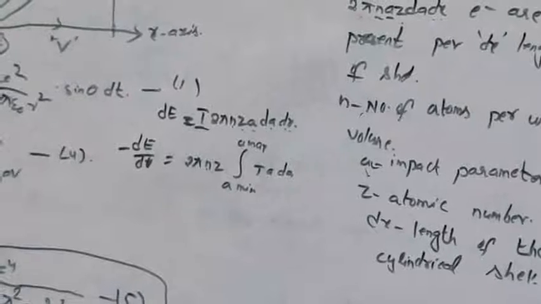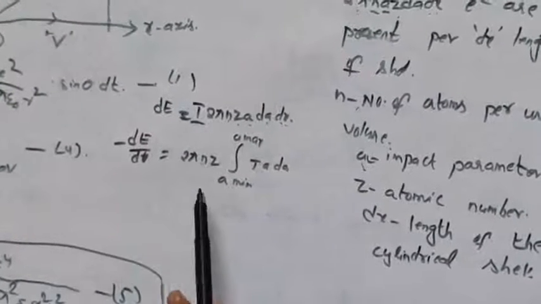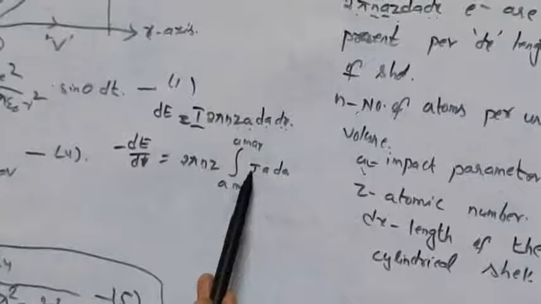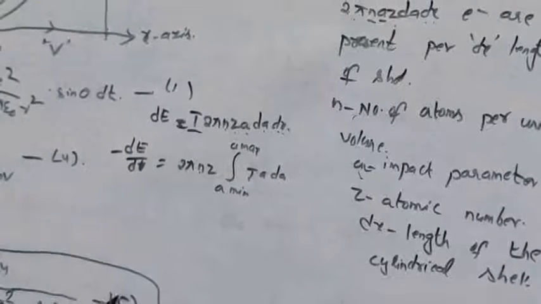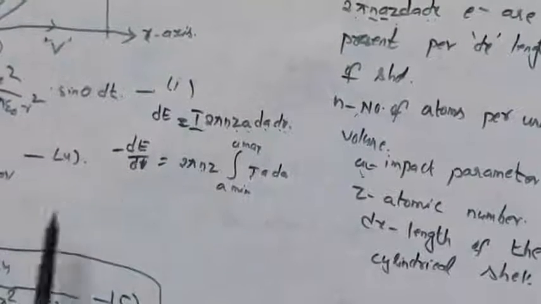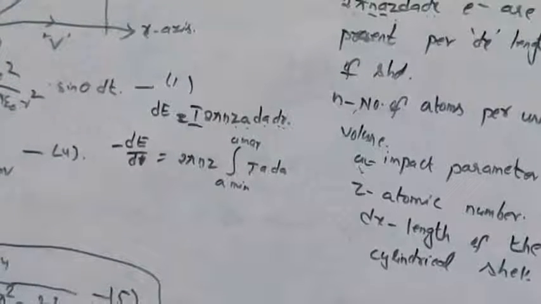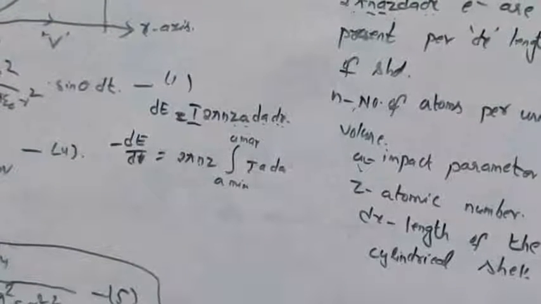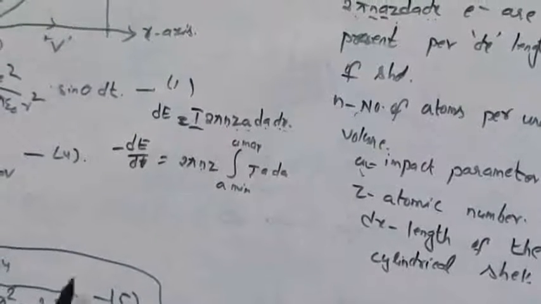Now from this equation we need the value of T. What is the value of T? From equation 5, T is nothing but Z square e power 4 by 8 pi square epsilon naught A square V square into M naught.